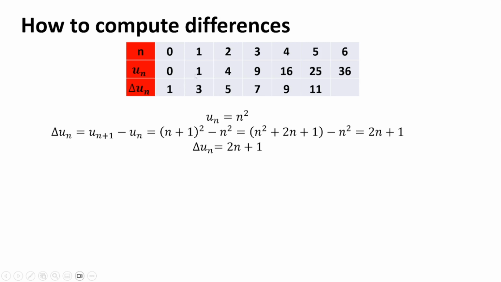If we take the difference, 1 minus 0 equals 1, 4 minus 1 equals 3, 9 minus 4 equals 5, 16 minus 9 equals 7, 25 minus 16 equals 9, and so on. So we are almost like the continuous calculus, but there is a small difference.